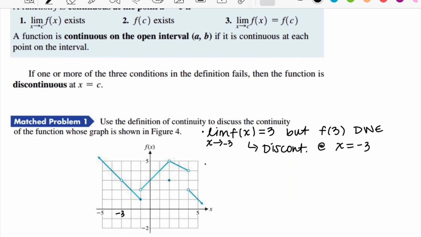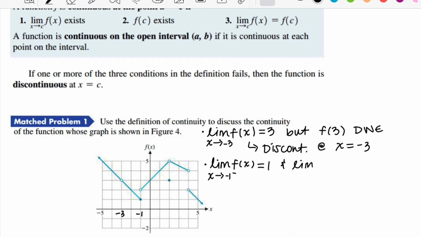All right, similarly, we're going to look at this point here, -1. What we'll do is we'll look at the limit of our function as x approaches -1 from the left. So we see as we approach -1 from the left, our limit is about 1 here.